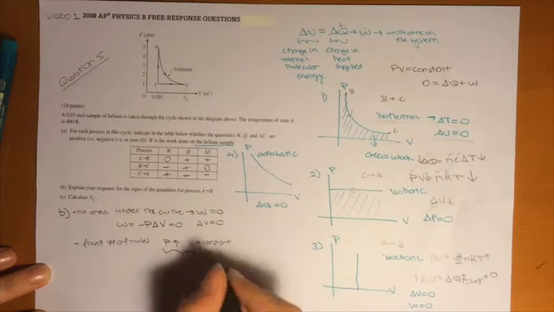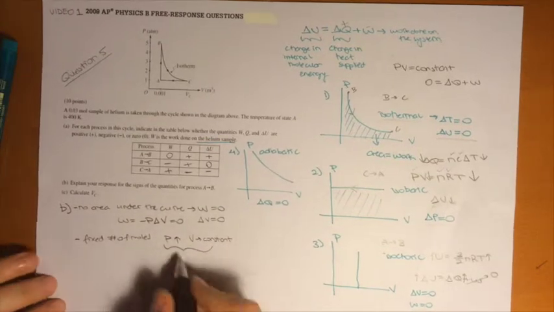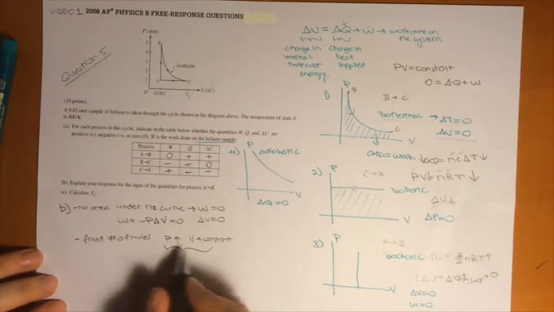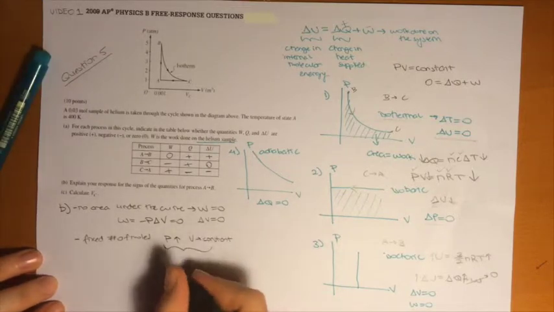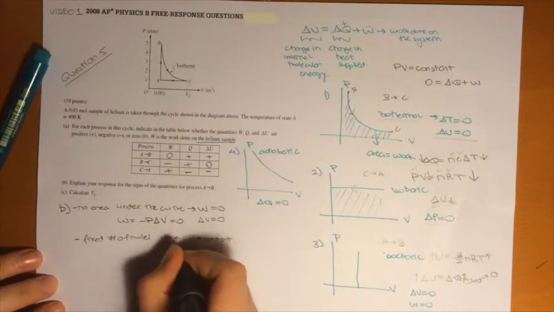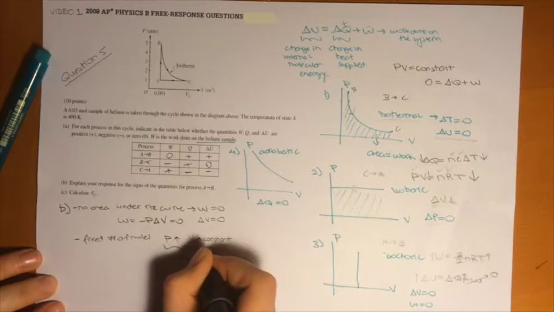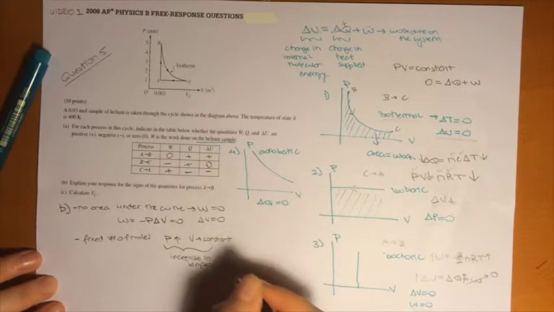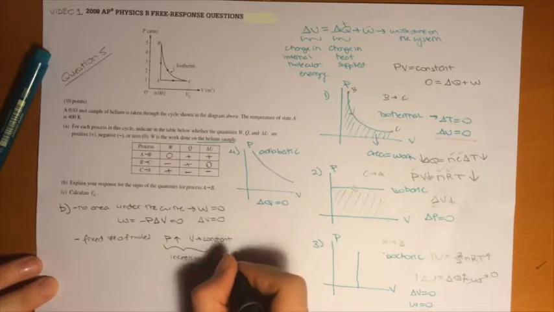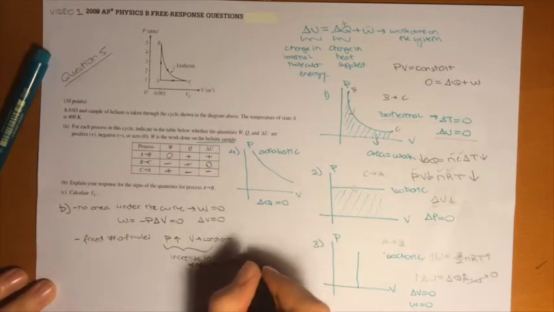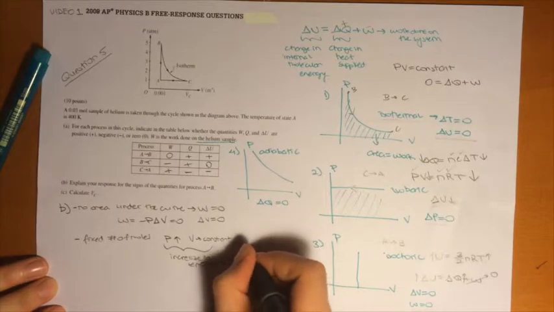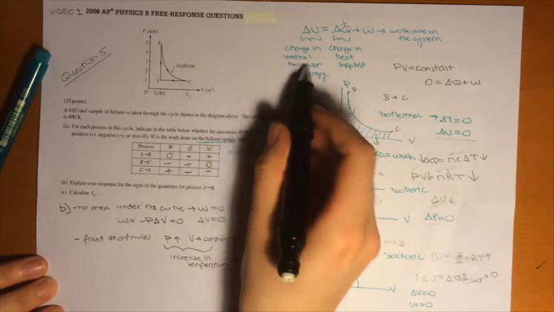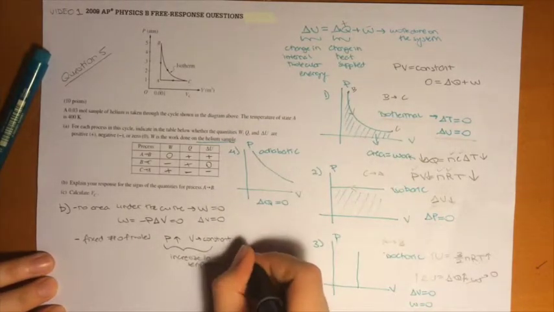This means if you pressurize something when the V is constant and the P increases, this means an increase in temperature. And an increase in temperature implies an increase in internal energy. What was internal energy? It's delta U.